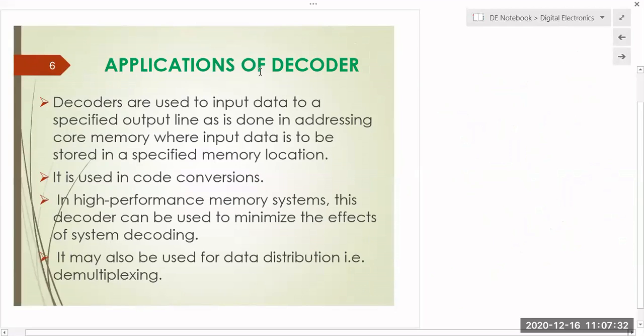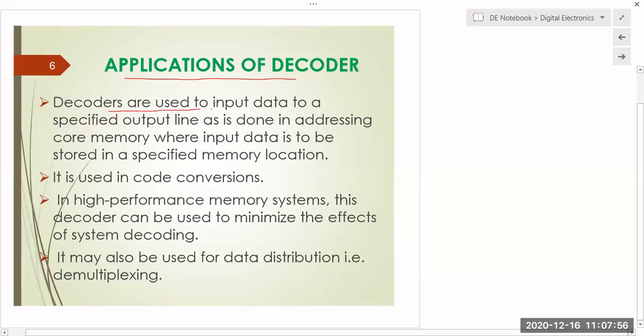So what are the applications of decoder circuits? Always for this topic, know the circuit diagram, the logic symbol, the truth table, and the applications of that particular combinational circuit. So what are the applications of decoders? Mainly decoders are used for conversions, code conversions. If I want to convert binary to octal, binary to hexadecimal or binary to decimal, then I will use this decoder.